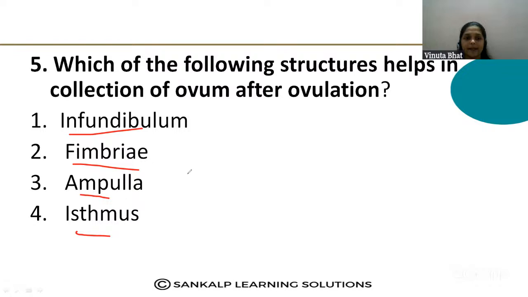I will give one hint: they are finger-like projections of the infundibulum. What is that? Yes, that is the fimbriae. Yes, very good. Yes, Ranjita, very good.